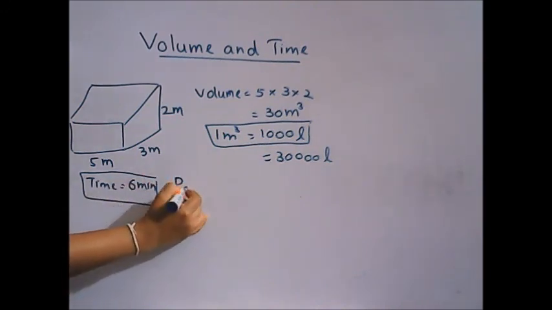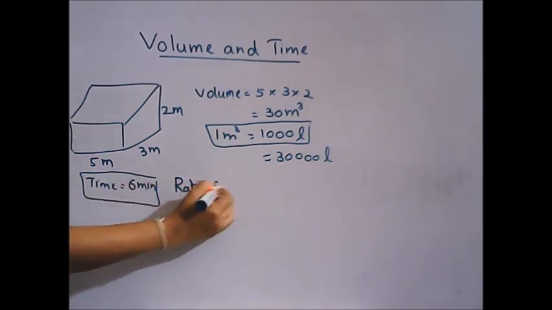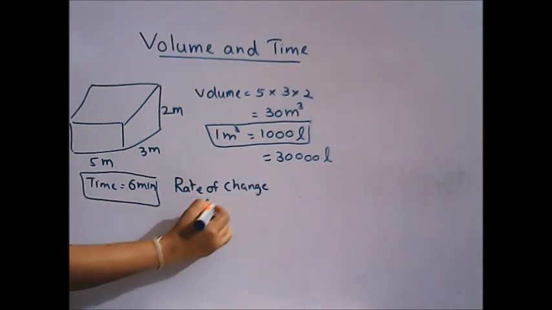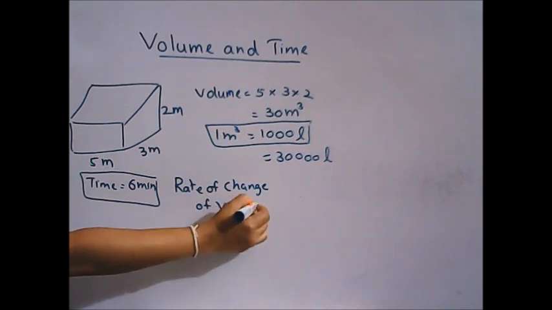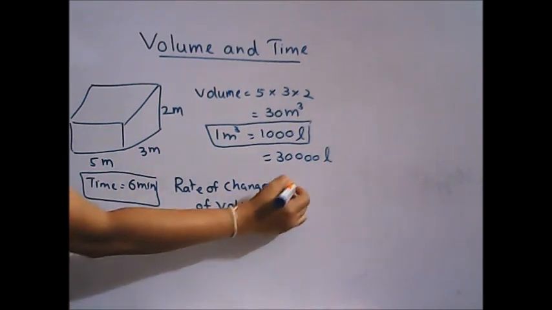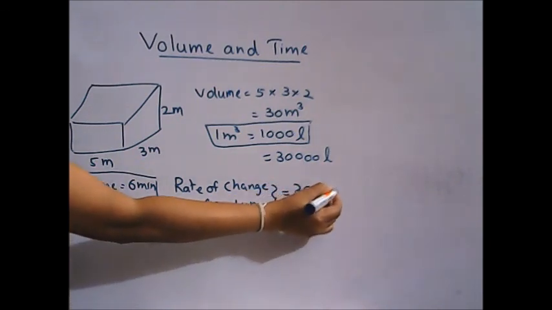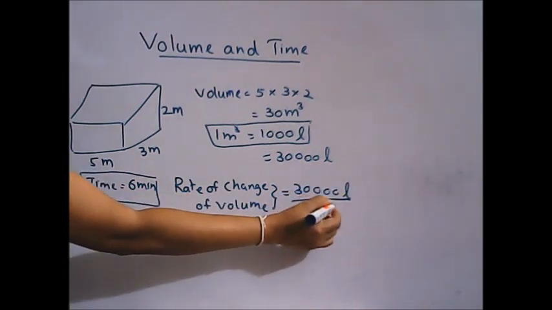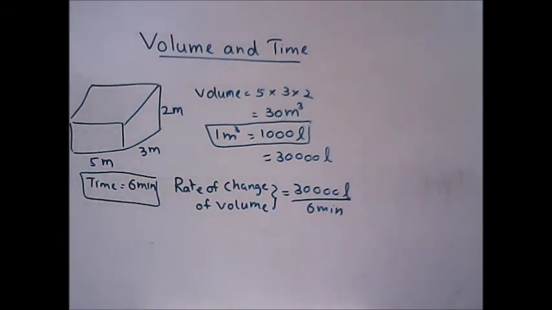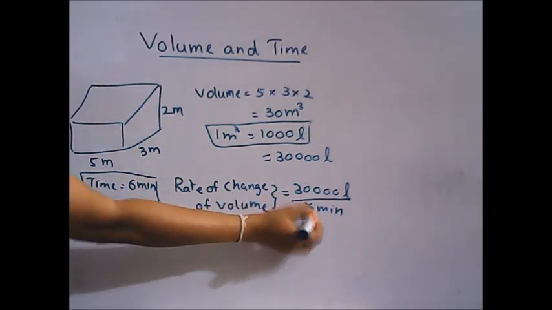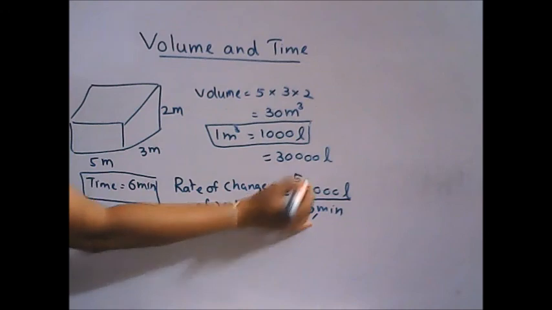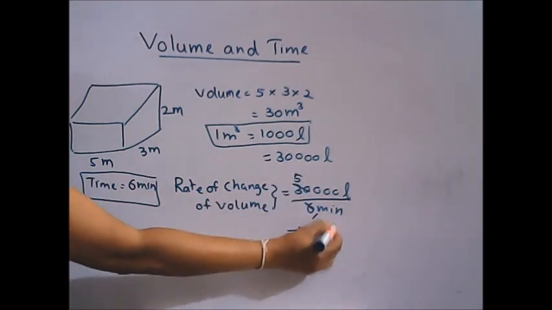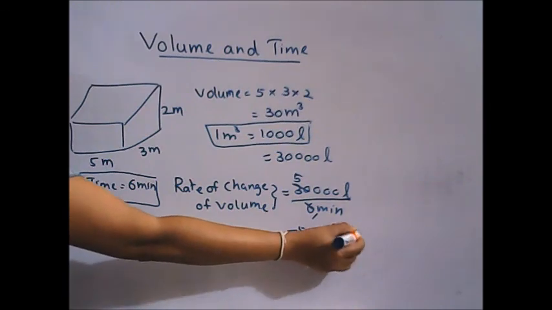Then rate of change of volume equals 30,000 liters divided by 6 minutes. 6 goes into 30 five times, so the answer is 5,000 liters per minute.